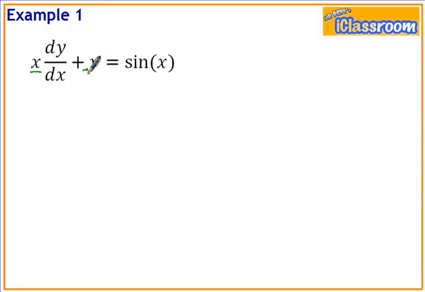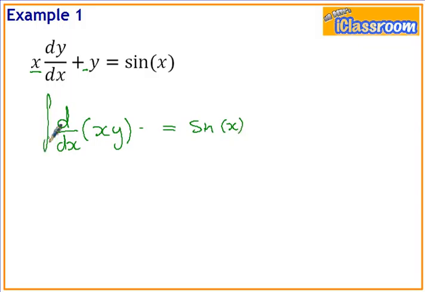So I can rewrite the left hand side of this as the derivative of x times y. If I derive x, I get 1 times y. If I derive y and leave x, I end up with x times dy by dx. So this is equal to sine of x.